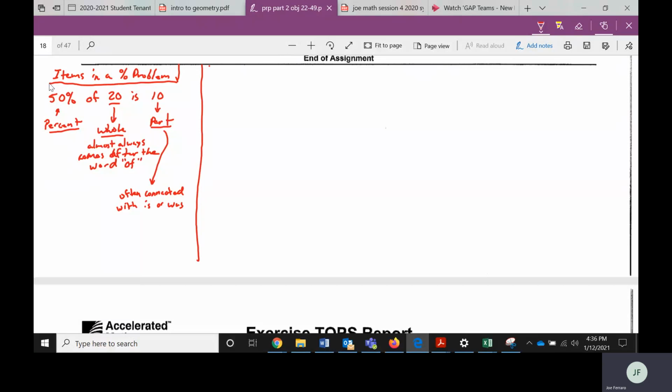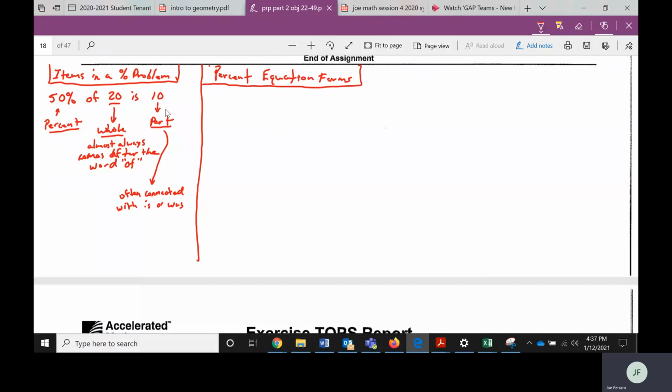Okay, there's going to be 2 methods, if you remember, on solving percent problems. The first is going to be percent equation and its forms. Okay, these are probably the most common methods used.